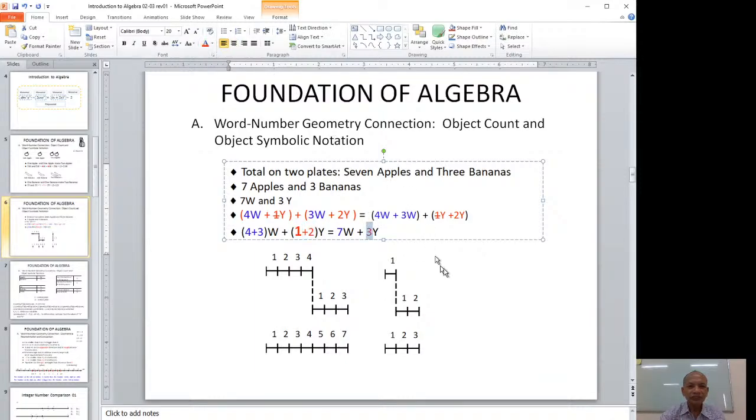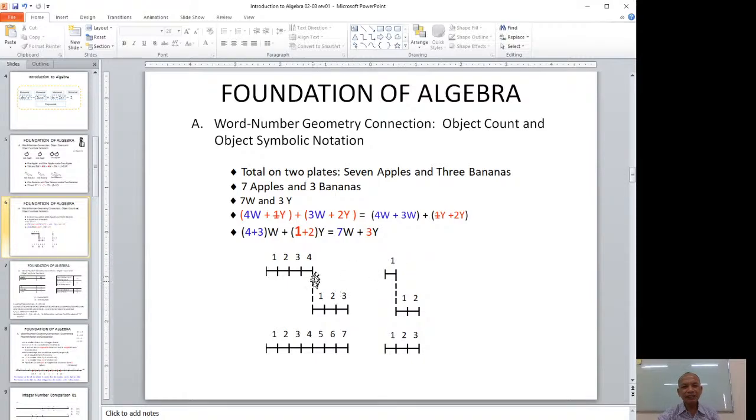And we represent the segment, 1 2 3 4 plus 1 2 3 equals 7 down here. The total is 7 segments. 1 2 3 4 5 6 7.